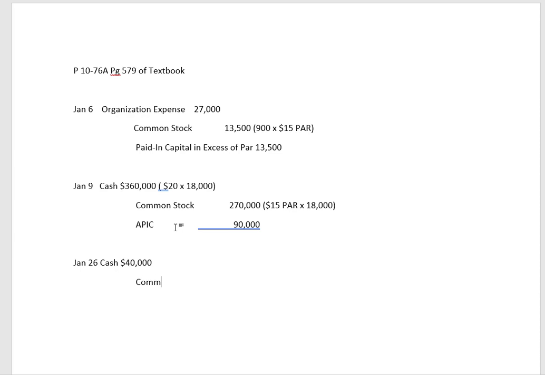And common stock is going to be, again, $15 times 1,600 shares, which is 24,000. And additional paid in capital is going to be the remainder, which is 16,000. Okay, so hopefully that makes sense on the journal entries.